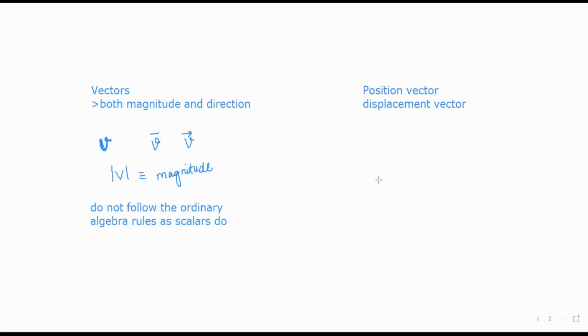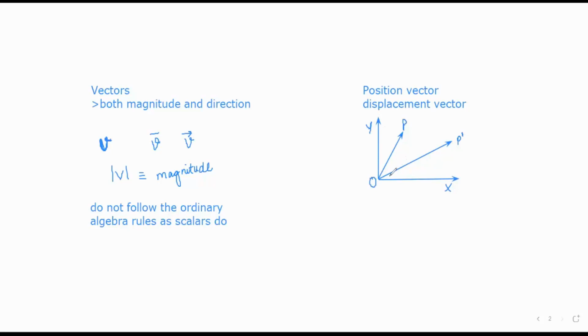So this is the x-axis, this is the y-axis, and suppose we have a particle at some point P. This is some other point P dash. This is the origin, which always also needs to be specified in the 2D plane.